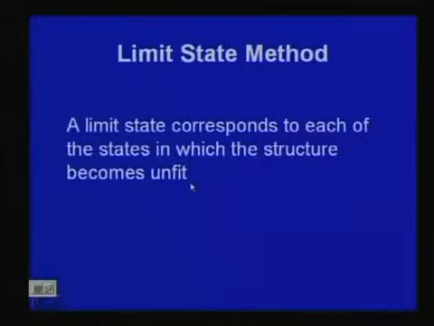Whether you are considering working stress or ultimate strength is one side, and whether you are considering crack width and deflection is another side. These are the two hands you have to consider, and each of them is a limit state. A limit state may be due to collapse, which is from the strength point of view, and a limit state due to serviceability.